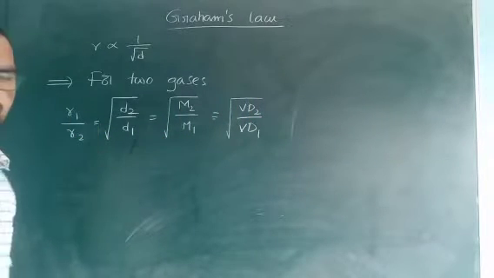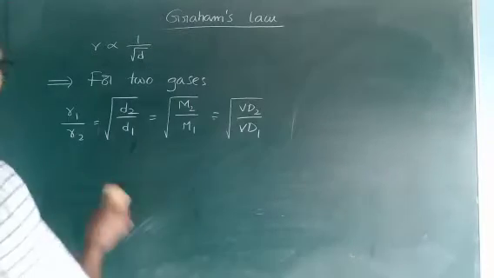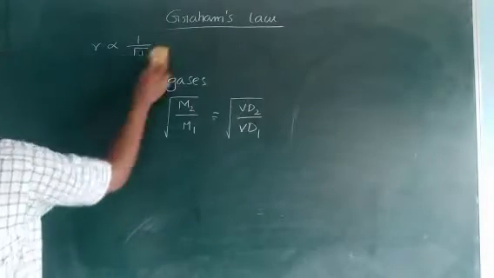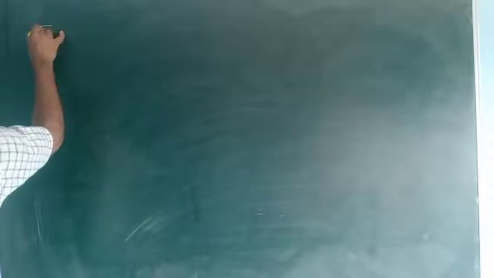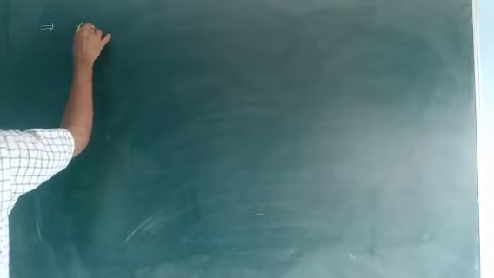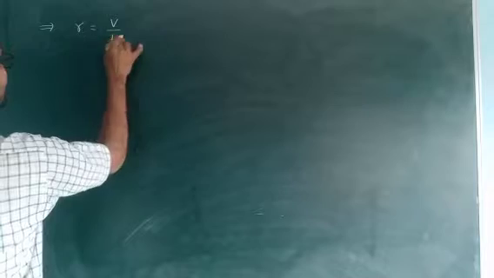This is for the first definition. Now another definition for Graham's law. Another definition for rate of diffusion: R is equal to V by T. What is V?